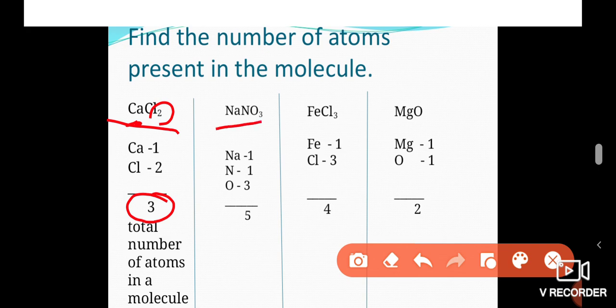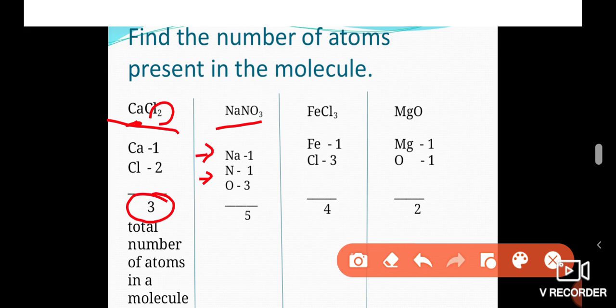NaNO3. This is the chemical formula of sodium nitrate. First, sodium, Na. How many sodium atoms are present? After sodium there is no number. That indicates only 1. And nitrogen, N, denotes nitrogen. After nitrogen there is no number. That means only 1 nitrogen atom is present in it.